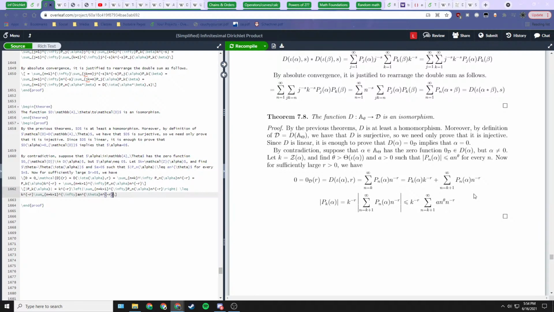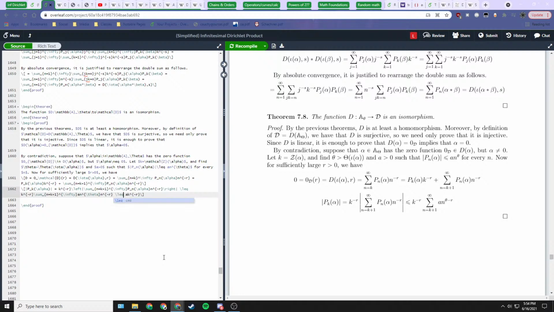And then we just need to bound this summation. So we can also do this as theta minus r. So we have a k power minus r, and then we have the summation.